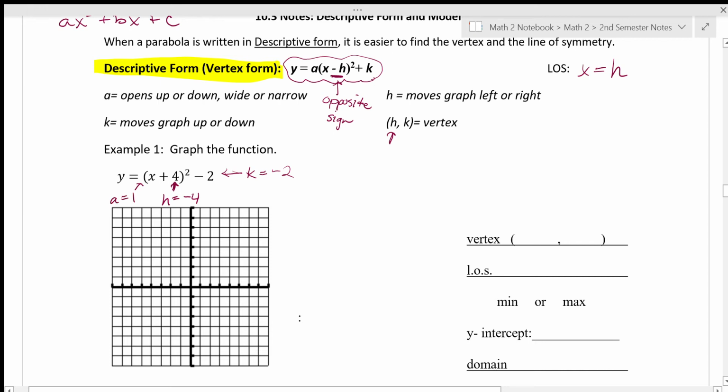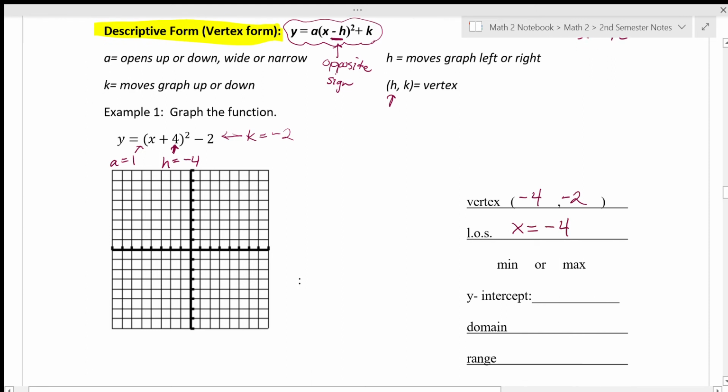So our vertex is h comma k: whatever the opposite sign is with our x, comma, the same sign outside our parentheses. Our line of symmetry is always the x coordinate of our vertex. This graph would be facing up because of our a value here, so this has a minimum.